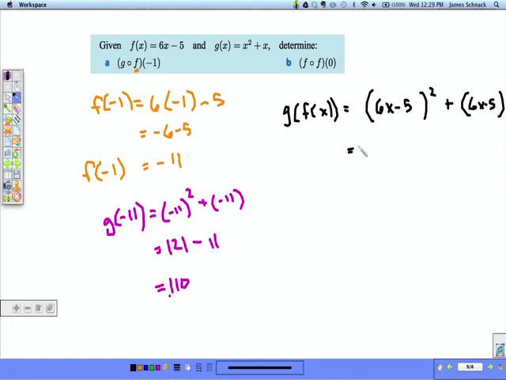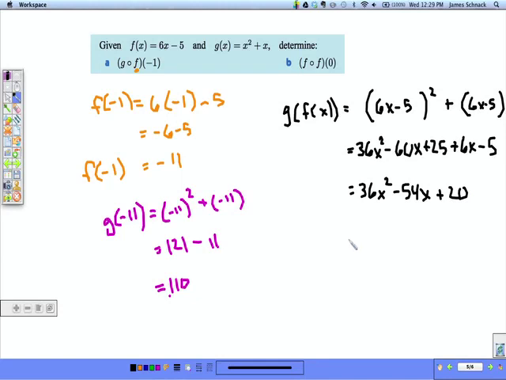Now I can expand this out. 36x squared minus 54x plus 20, and I bet if we plug in negative 1 here and here, we will get 110. It accomplishes the same feat, just in a slightly different way.